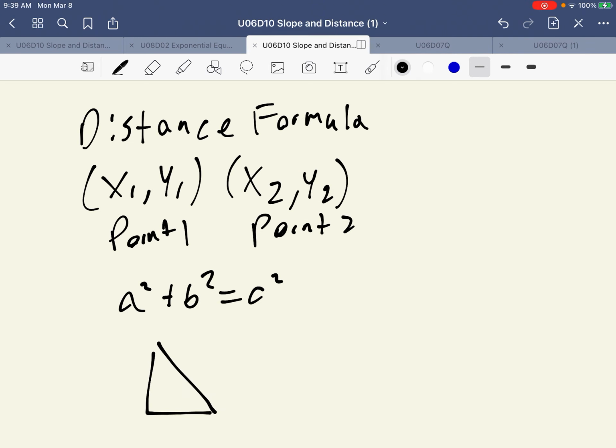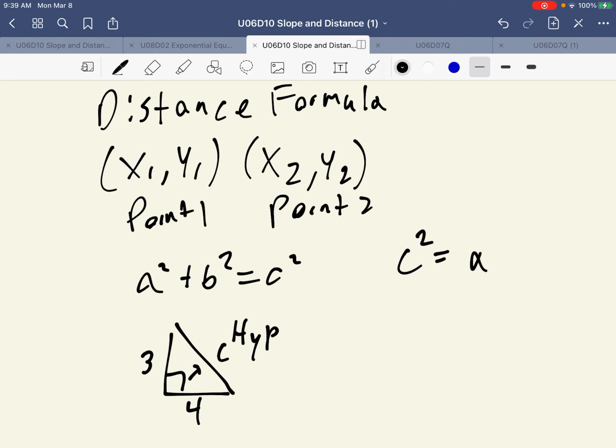Let's say the measurement of one side is 3 and another side is 4. We can find the measure of c, c being the hypotenuse, meaning the side across from the right angle. The way we would find that is we would say that c squared is equal to a squared plus b squared. We would say c squared is equal to 3 squared plus 4 squared.